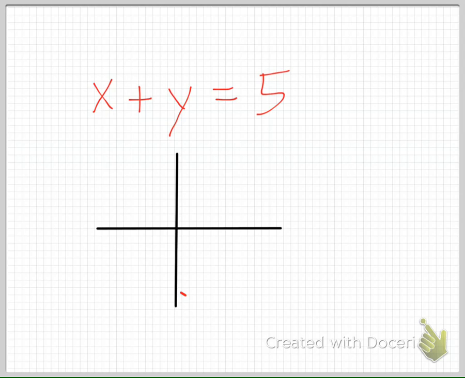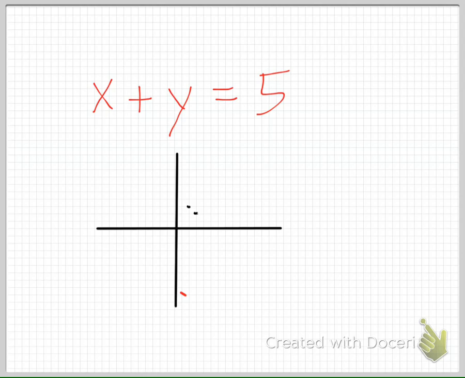We said x could be 2 and y could be 3. So I could have 2, 3, right? But I could also have x be 3 and y be 2, right? So I could go out 3 and up 2.